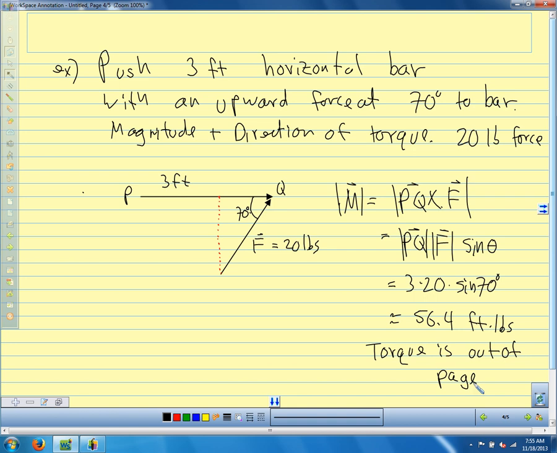If we pushed on this with this force, our rotation would tend to be counterclockwise, like so, and our screw would go out of the page, returning it left.